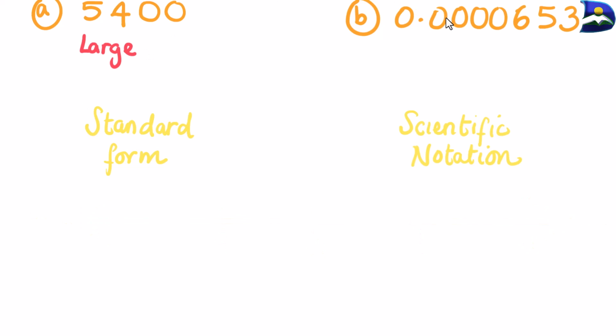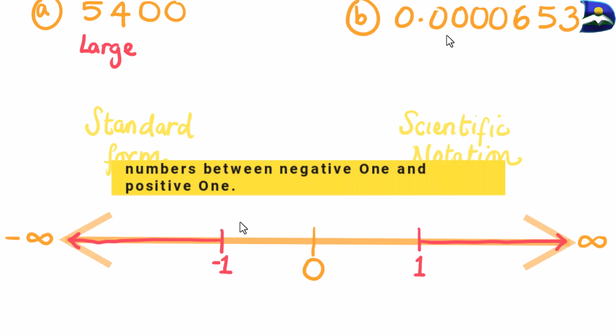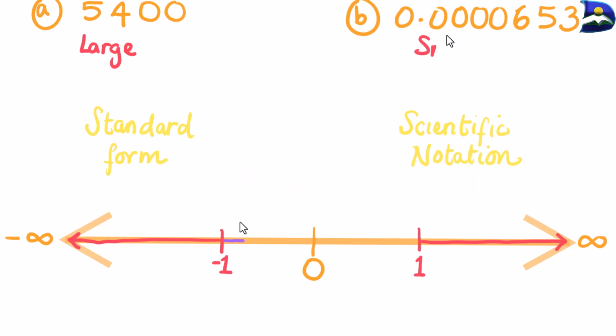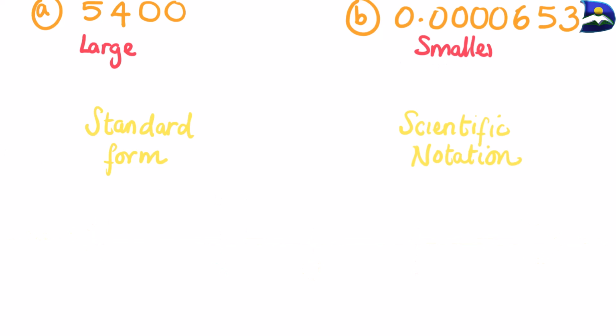However, on the other hand, for numbers like this, which we also represent as standard form, we see that this number is really small, and this particular type of small numbers are found either between 0 and 1 or 0 and -1.